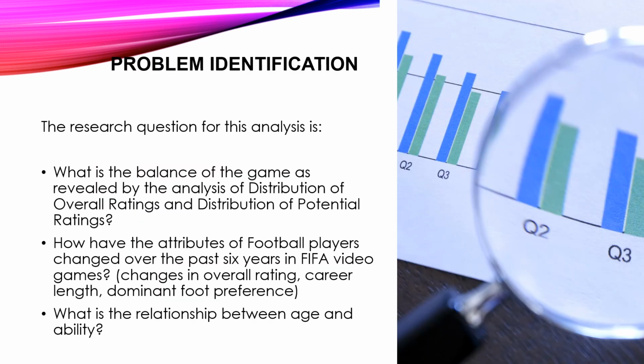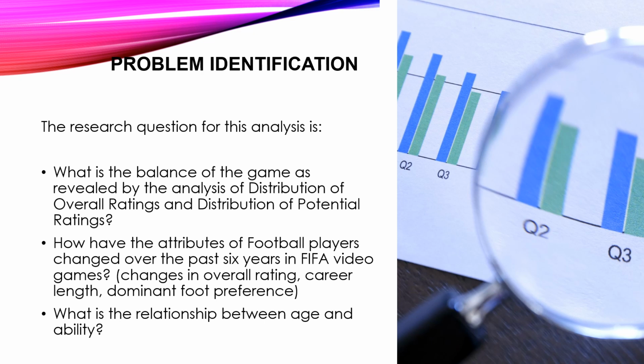This slide shows the research questions for this analysis. First question is, what is the balance of the game as revealed by the analysis of overall rating and potential rating? If these two ratings are balanced, it indicates that people's actual and potential ability are relatively well matched.